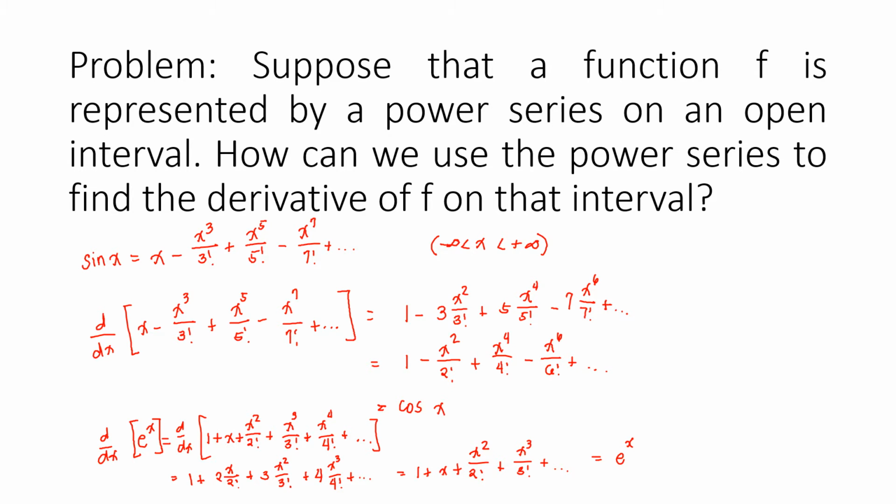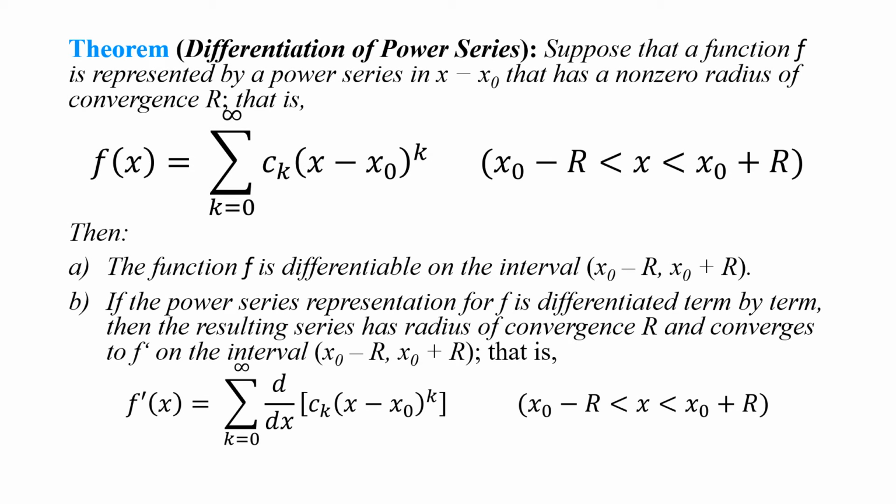This is stated more precisely in the theorem. So what is the theorem? Differentiation of power series: suppose that a function f is represented by a power series in x minus x sub 0 that has a non-zero radius of convergence r.